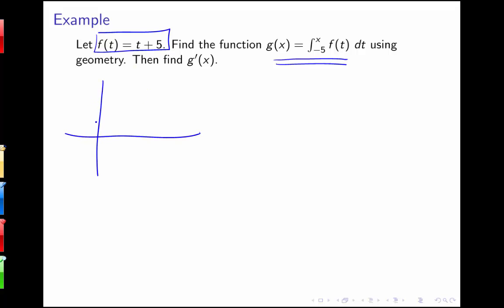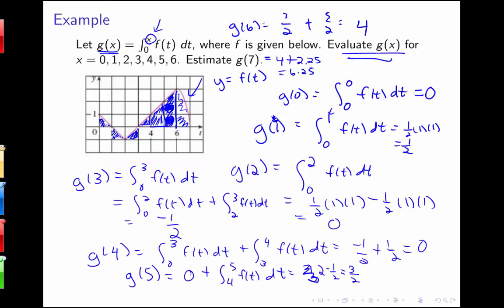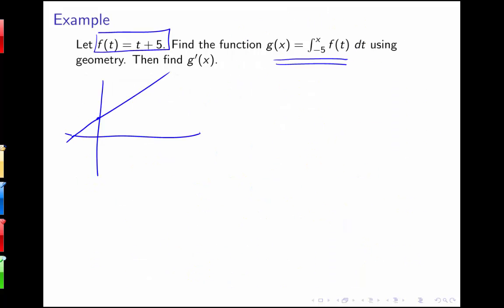So my curve f of t, which in the previous example was this pink line here, was my curve f. So here f is just this line, so it intersects the x-axis at negative 5 and the y-axis at 5. And g of x represents this area under the curve y equals f of t from negative 5 to x.